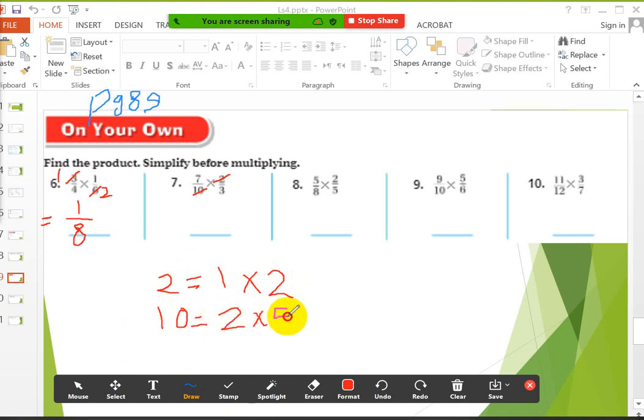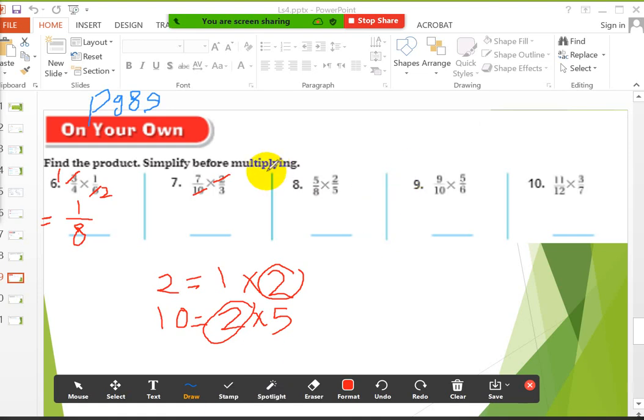Right. So what is the common factor between them? 2, right? That means this is the greatest common factor, the number that I can divide both numbers by, the common factor between them. But I will choose the greatest one, the greatest common factor.